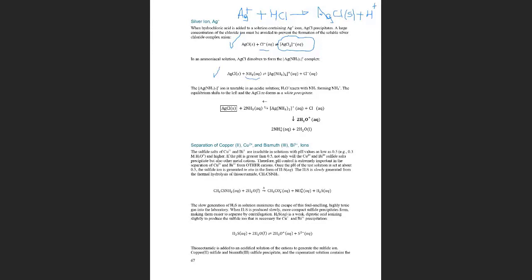When you add ammonia, if the white precipitate was silver chloride, it is going to dissolve. It's going to disappear, because with ammonia, they form a very stable complex ion. Yes, any questions so far?